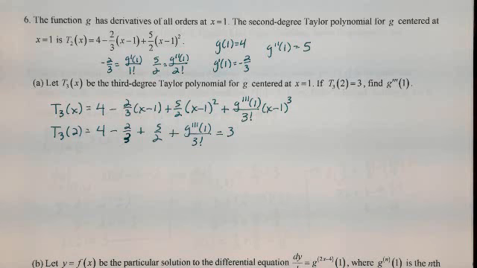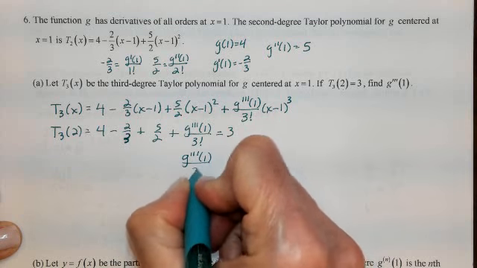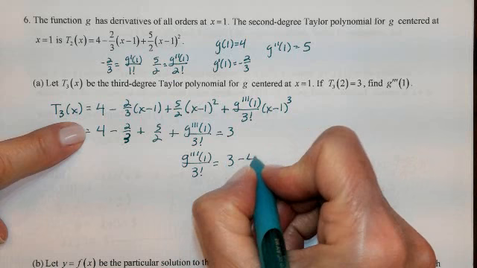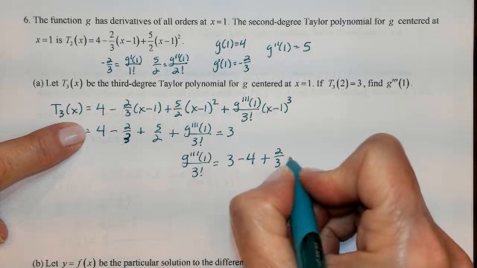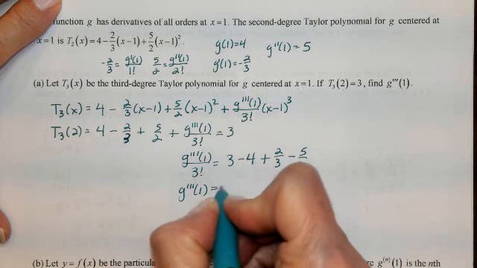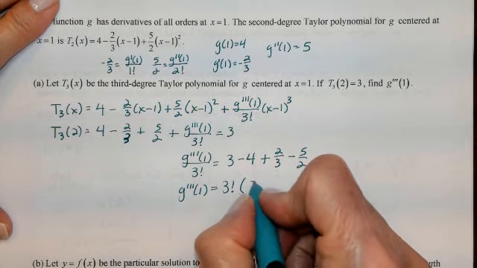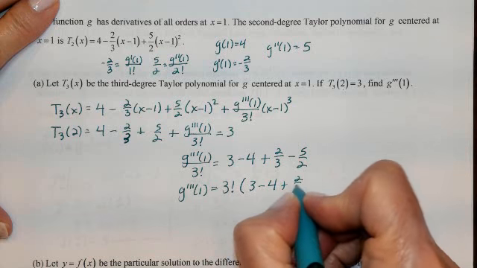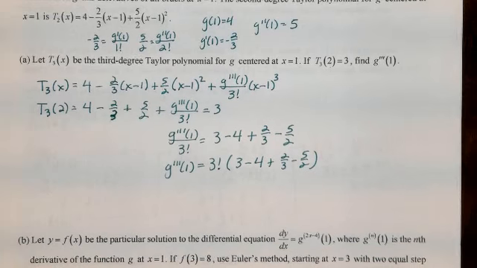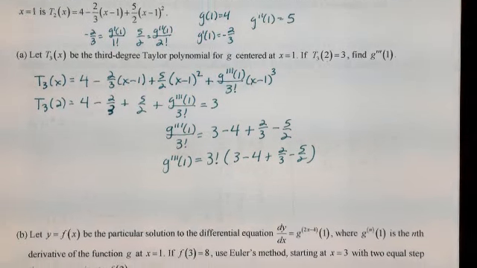So g triple prime at 1 over 3 factorial will equal 3 minus 4 plus 2/3 minus 5/2, and so g triple prime at 1 would be 3 factorial, which is 6, times 3 minus 4 plus 2/3 minus 5/2, and that would be my safe stop spot. Unless I need to simplify it, I'm just going to leave it like that.